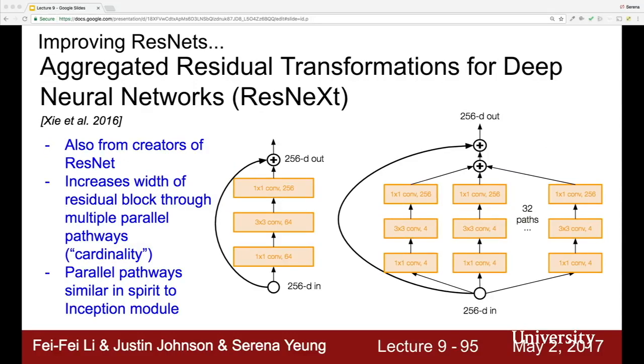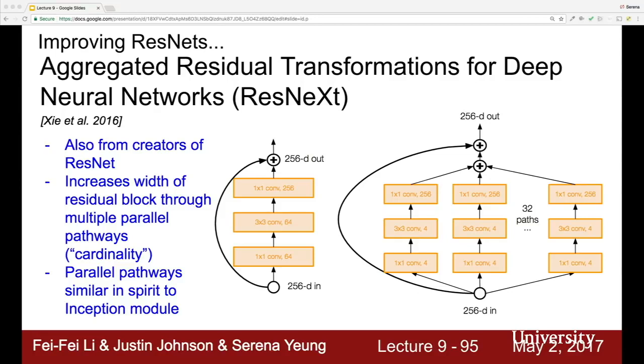And this other paper, around the same time, I think maybe a little bit later, is ResNext. This is, again, the creators of ResNet continuing to work on pushing the architecture. Here they also had this idea of tackling the width more. But instead of just increasing the width of the residual block through more filters, they have structure. Within each residual block they have multiple parallel pathways, and they call the total number of these pathways the cardinality.